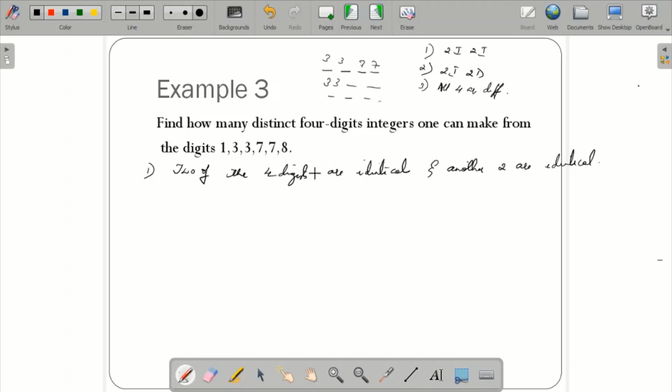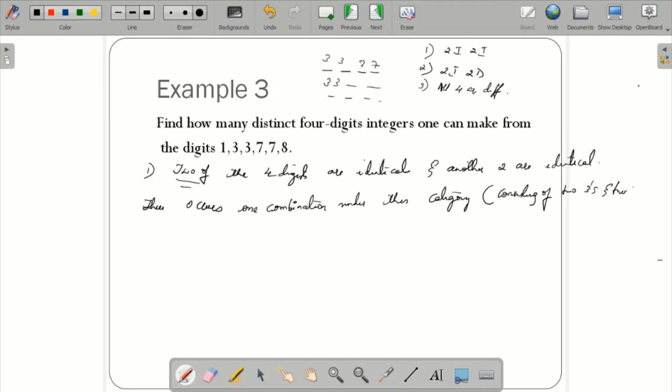There occurs one combination under this category, consisting of two threes and two sevens.